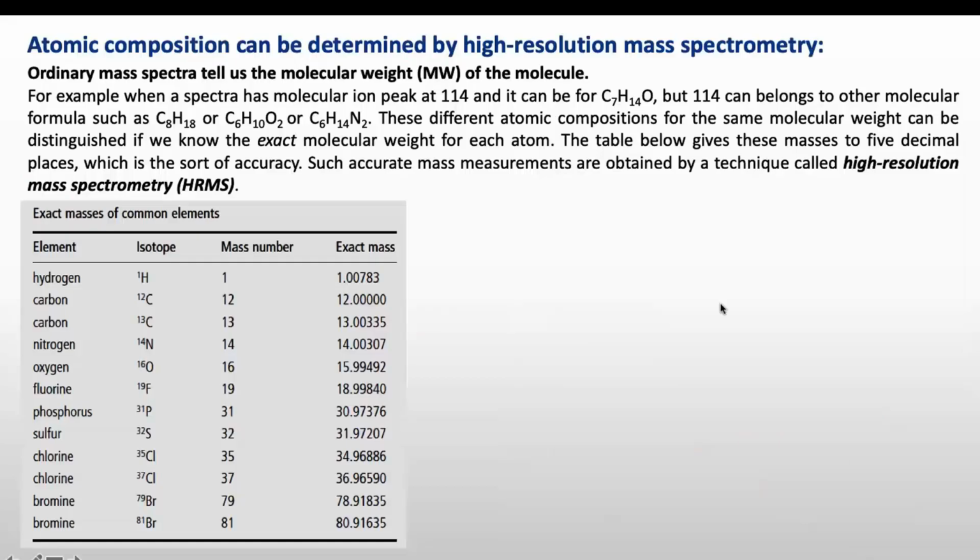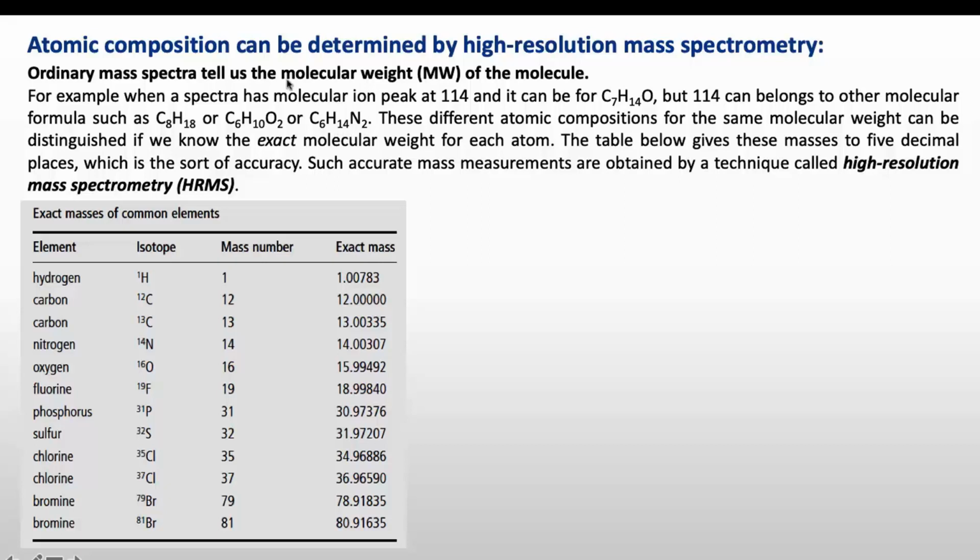Now comes the second topic, that is high resolution mass spectrometry. As we have discussed, the ordinary mass spectra tell us about the molecular weight of the molecules. For example, a spectrum may have a molecular ion peak at 114, and it can be for the molecular formula C7H14O, but 114 can belong to other molecular formulas also, such as C8H18 or C6H14N2.